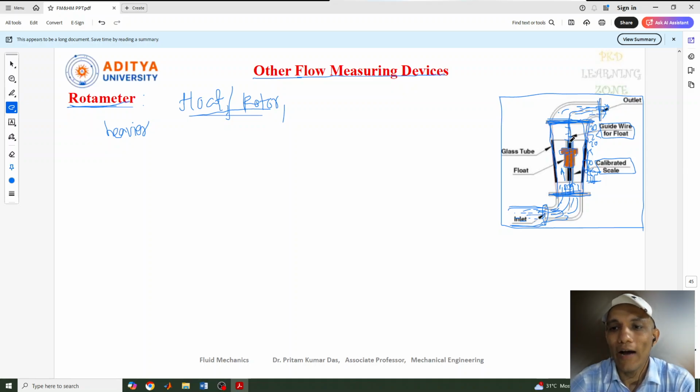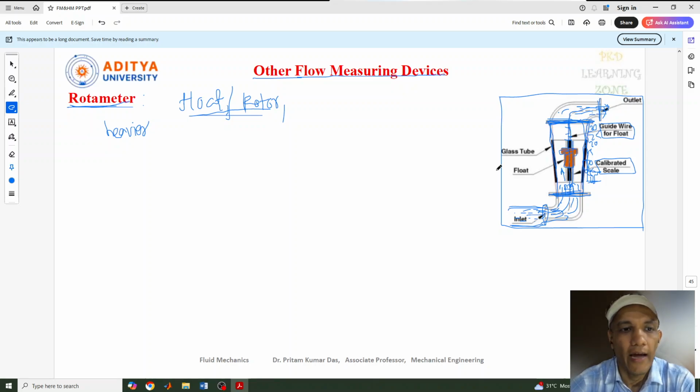After some time, it used to have a balanced position. This rotor has a balanced position after the flow continues for some duration.